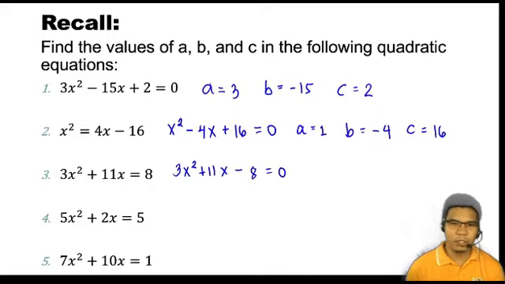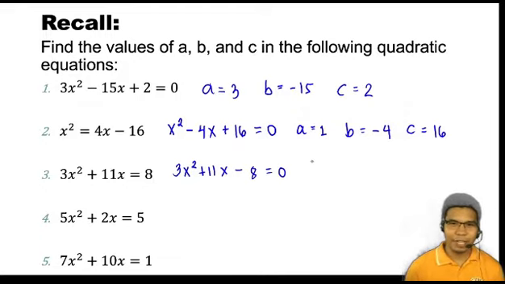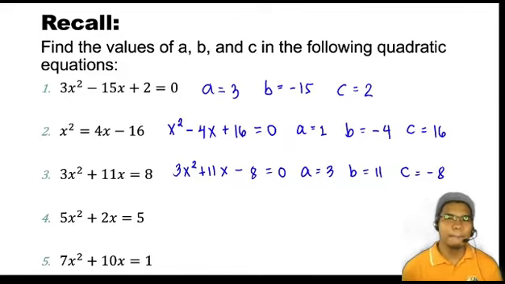Since this is already in standard form, I'll give you 5 seconds to get the values of a, b, and c. 5, 4, 3, 2, and 1. Okay, let's see if your answers are correct. a here is positive 3, b is equal to positive 11, and c is equal to negative 8. So those are the values of a, b, and c.